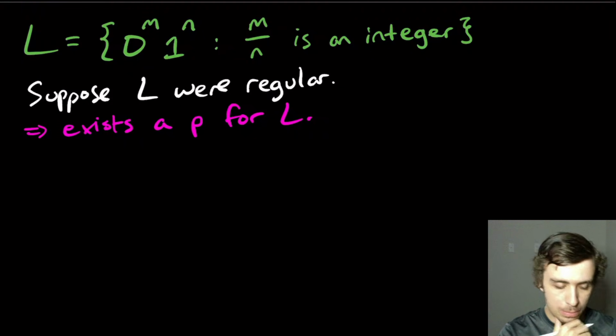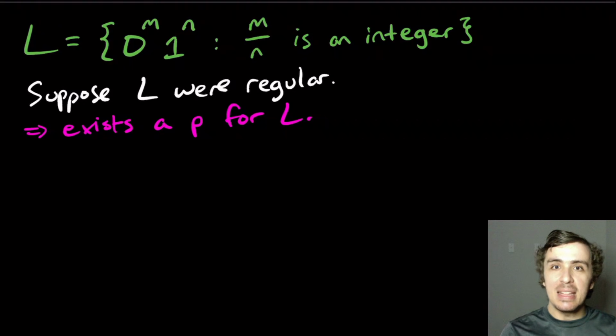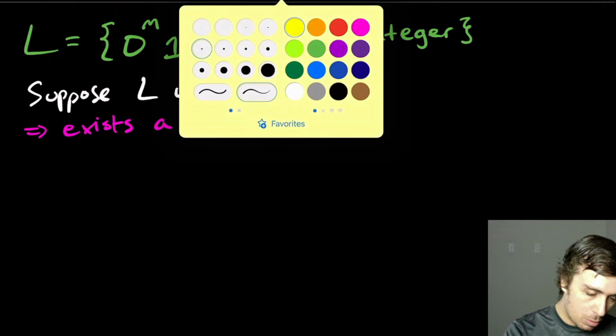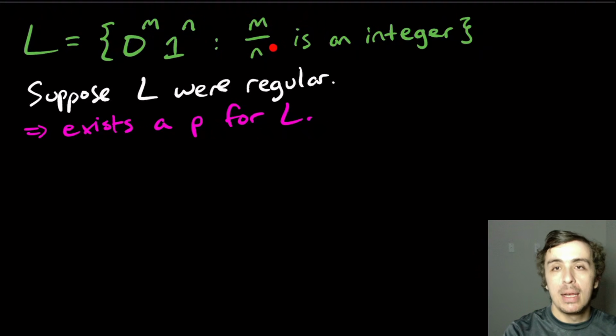I'm shorthanding this. Okay, so now we've got to pick a string that's in the language and of length at least P, and we need the number of zeros divided by the number of ones to be an integer. In other words, the number of zeros is a multiple of the number of ones.